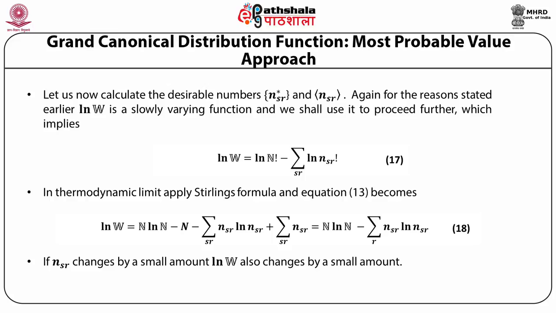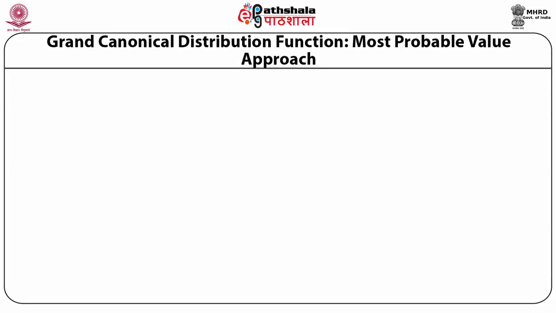If N_SR changes by a small amount, log of W also changes by a small amount. Therefore, the small change delta of log of W is equal to summation over S, R of log of N_SR plus 1 multiplied by delta N_SR.